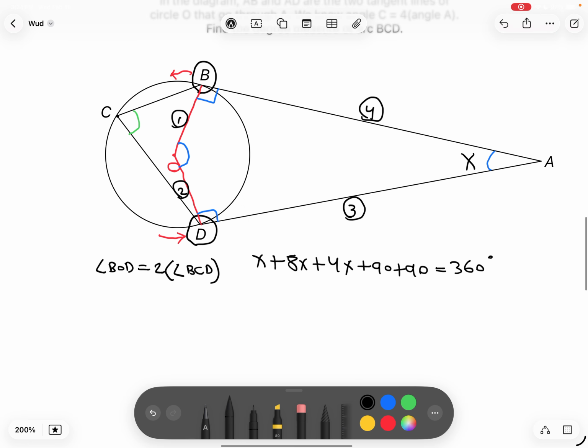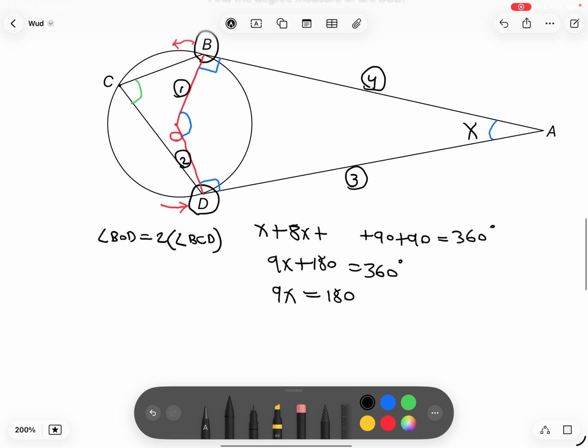Okay, so we've got a total of 9x. Actually, no, we can scratch 4x, disregard this. So what we have is 9x plus 180 equals 360. Simple solving of an equation: we subtract 180 from both sides and get 9x equals 180.